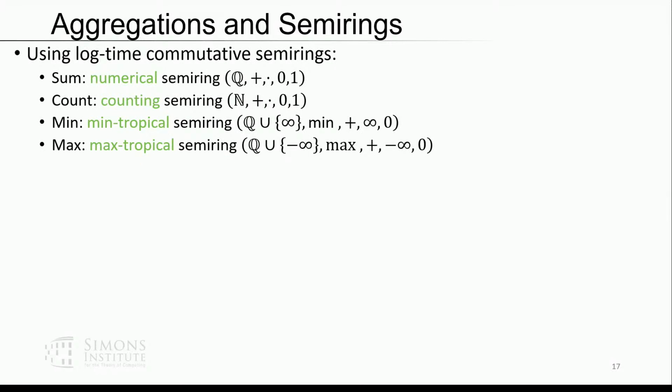So what kind of aggregates can we solve in general, on top of this specific example I showed you with these annotations? We can very easily support sum and count using the semi-ring where addition is summation and multiplication is multiplication. And we can easily support min and max using the tropical semi-ring.